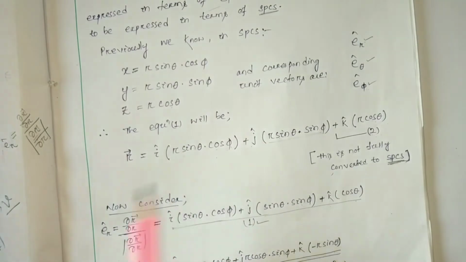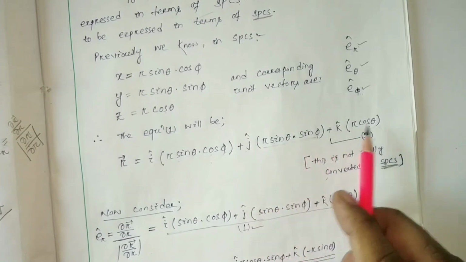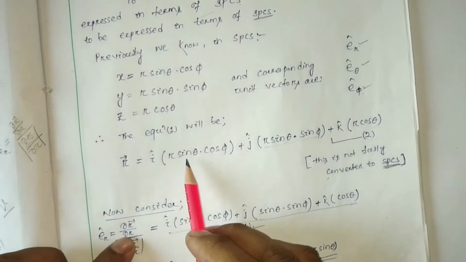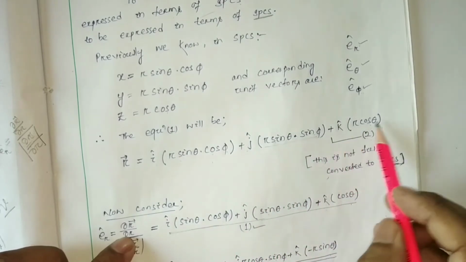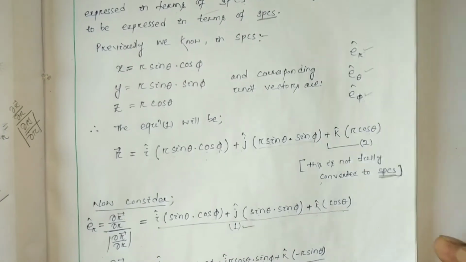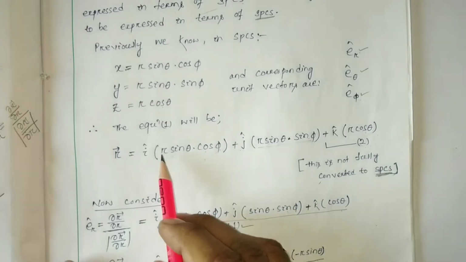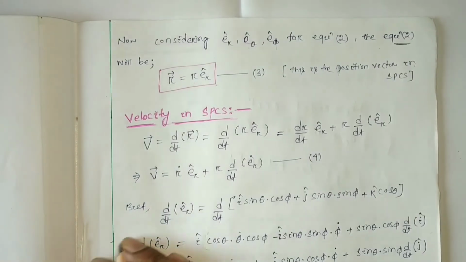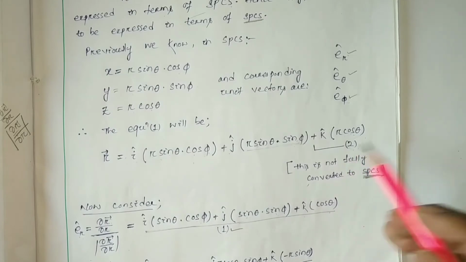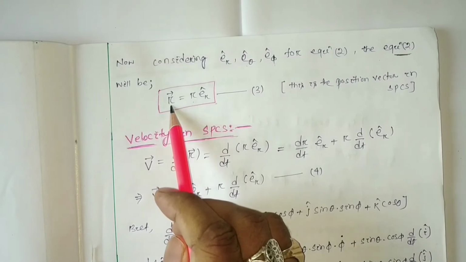So after taking r common from these three terms, this position vector can be written as r, which is taken outside, r into e r cap, right? Hence equation number 2 is transformed to this one.